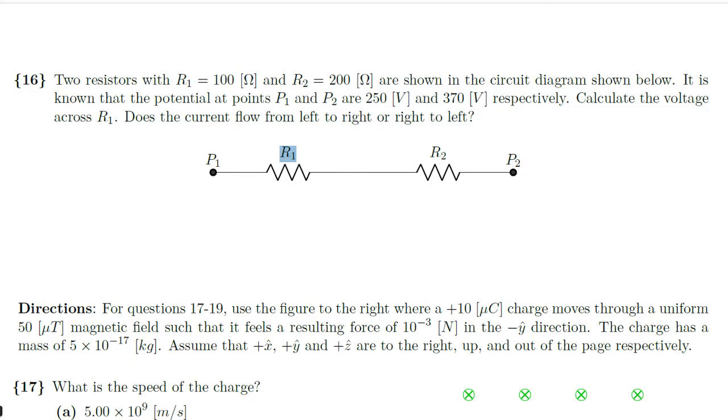So therefore, the voltage is... any ideas? Yes, 370 minus 250. It would be 120. Yeah, it is 120. Okay, so the voltage across the whole thing is 120 when you subtract 250 from 370.